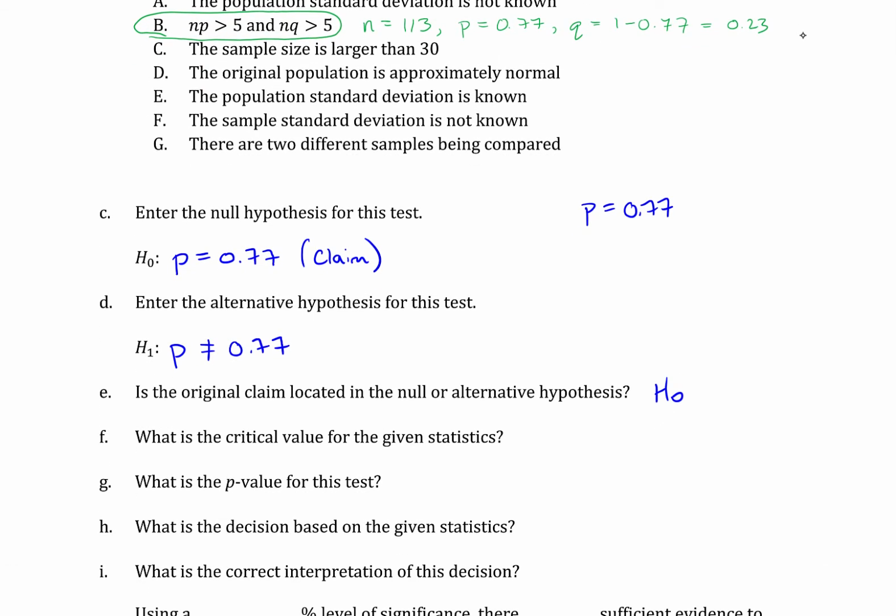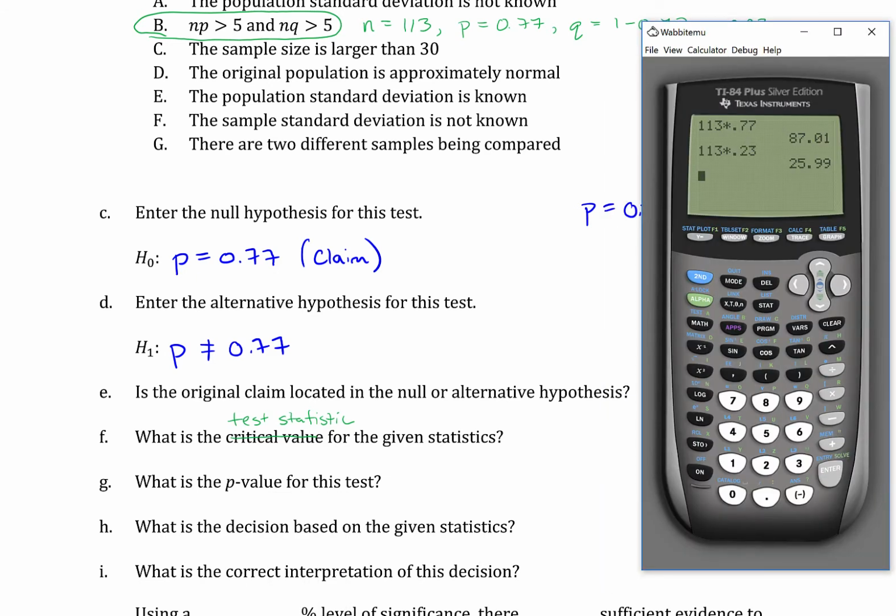And now we are asked for the critical value, and in fact, that should state the test statistic. That wording's not really completely correct. So what is the test statistic for the given statistics, and what is the p-value for this test? We're going to get that information from the calculator. If you go under Stat, slide over to Tests, and come down to 1-prop z-test, the function we decided upon earlier.